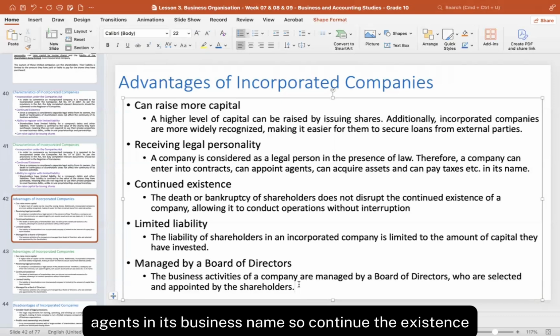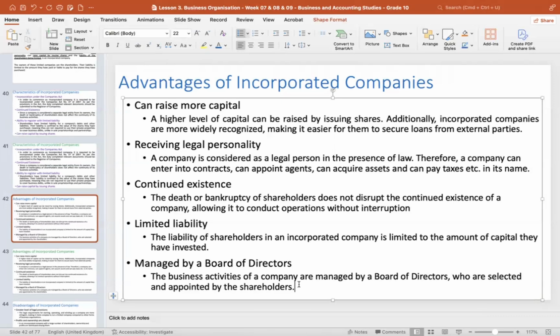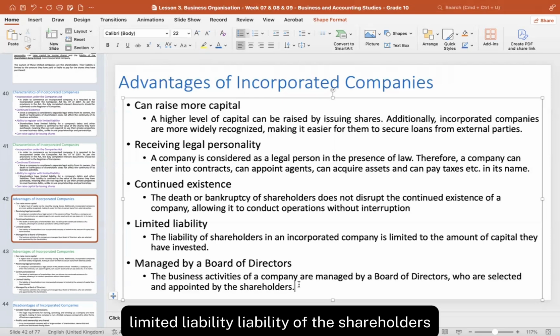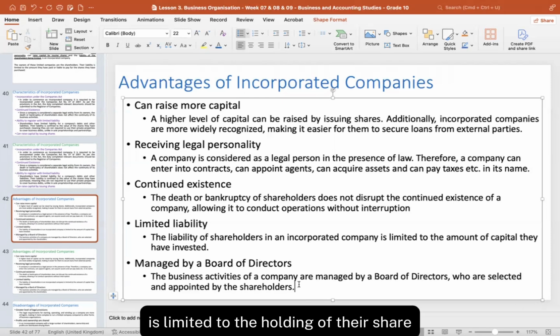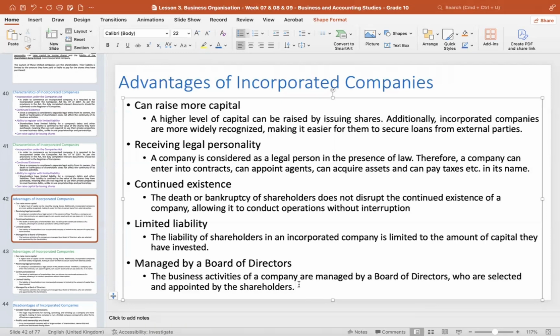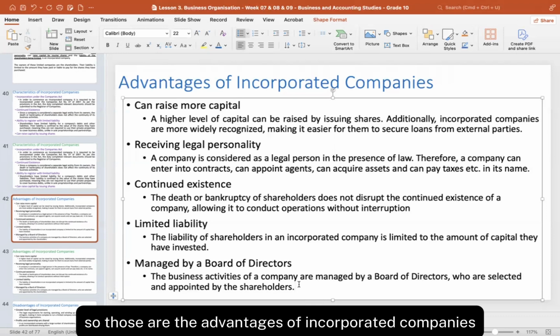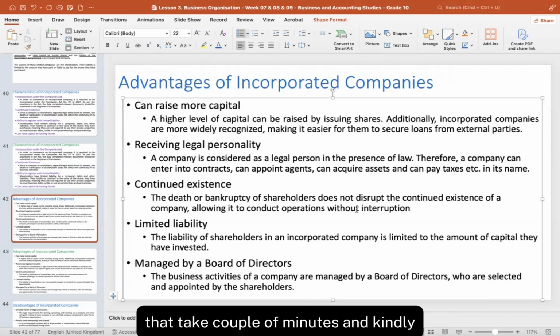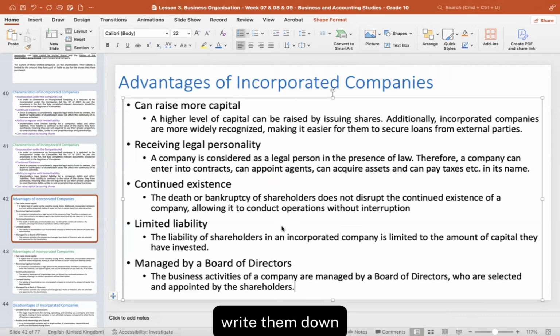So continued existence. Okay, limited liability. Liability of the shareholders is limited to the holding of their share. Limited only to the shareholding. And then managed by a board of directors. It is managed by a board of directors. So those are the advantages of incorporated companies. So take a couple of minutes and kindly write them down.